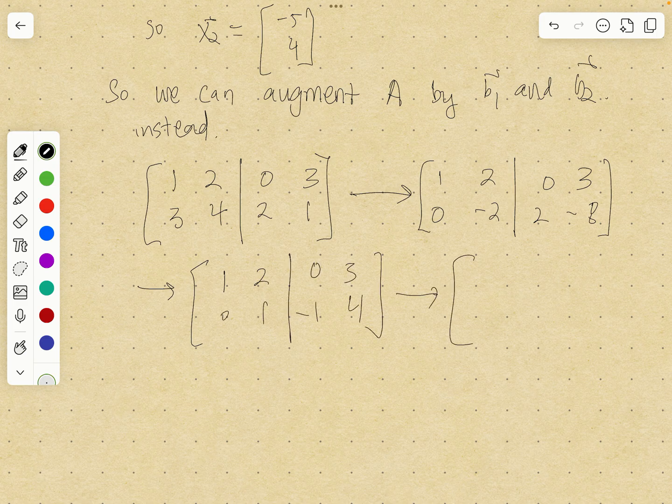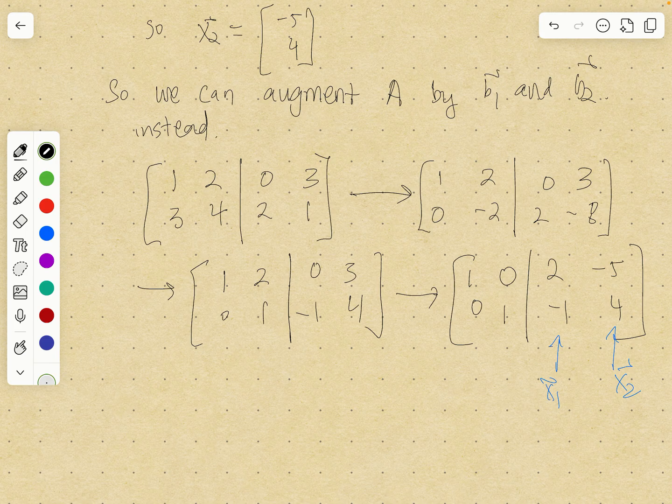And then you change row 1 to row 1 minus 2 row 2, and that will give you this. And now you see that x1 is this column and x2 is that column, right?